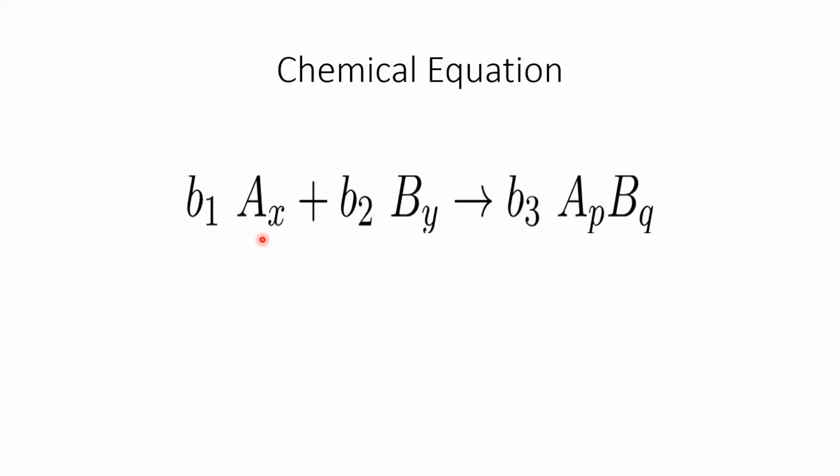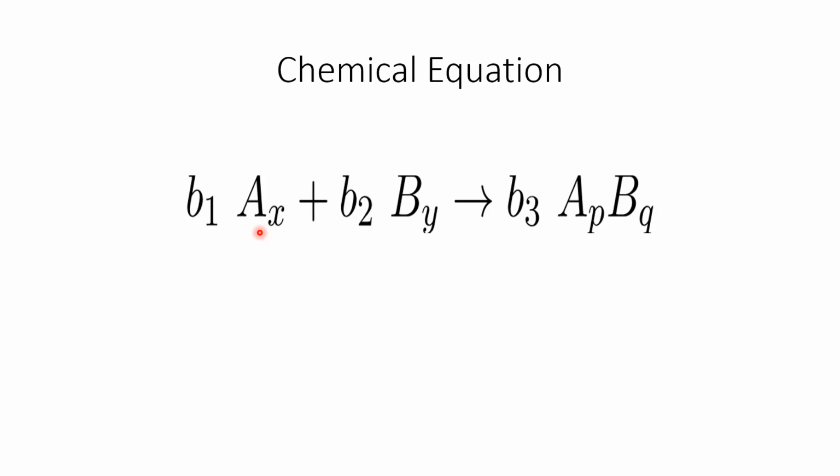See here, we have P and Q, and on the reactant side we have X and Y. What we will be doing here is updating the value of P by P into Y, and the value of Q by Q into X. Like the subscript of A, we are multiplying with the subscript of B on the reactant side, and the subscript of Q on the product side we are multiplying with the subscript of A on the reactant side, so that we will be able to find the GCD.